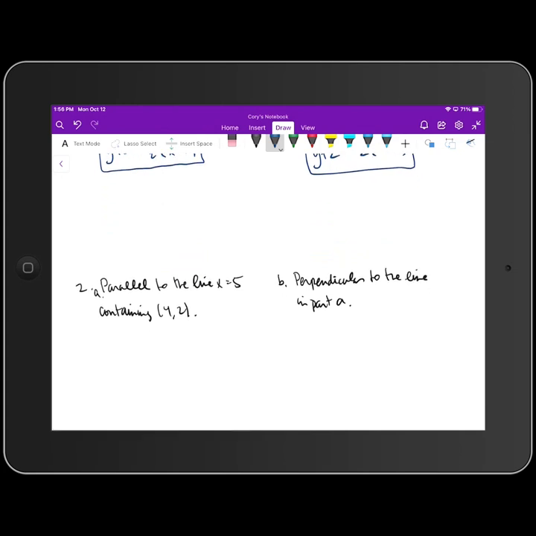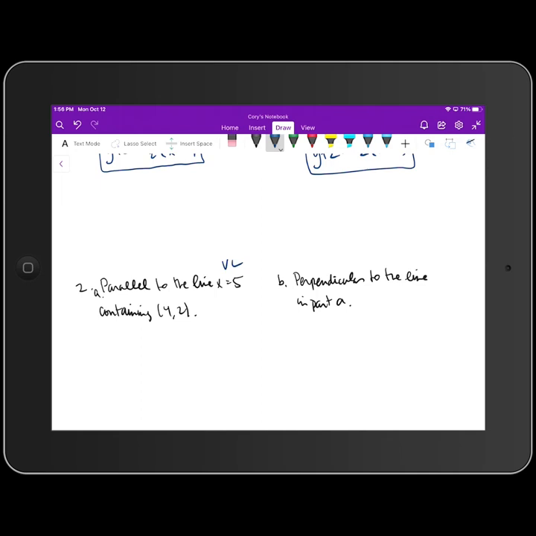Okay, last set of examples. So number 2, part A, we want the line parallel to the line x is equal to 5 that contains the point 4, 2. So if we think about the line x is equal to 5, that is a vertical line.